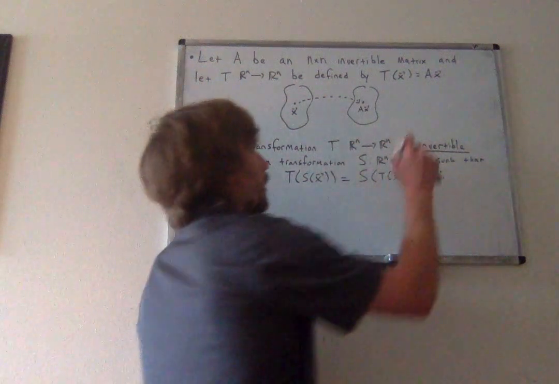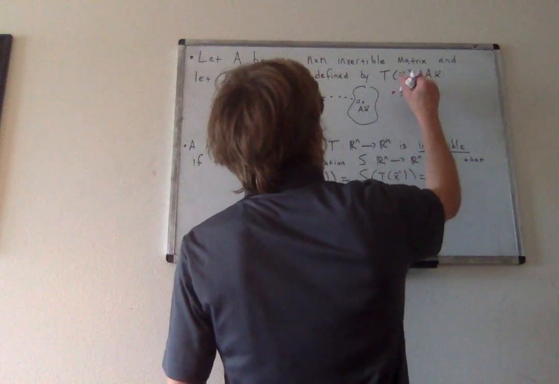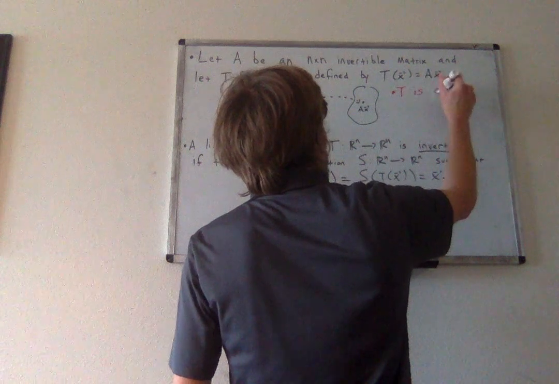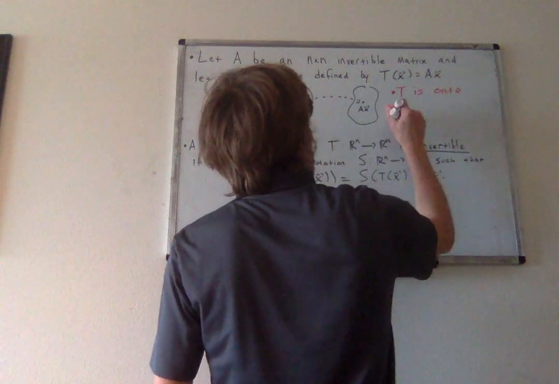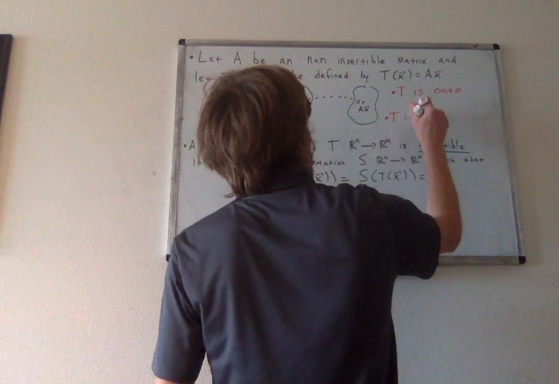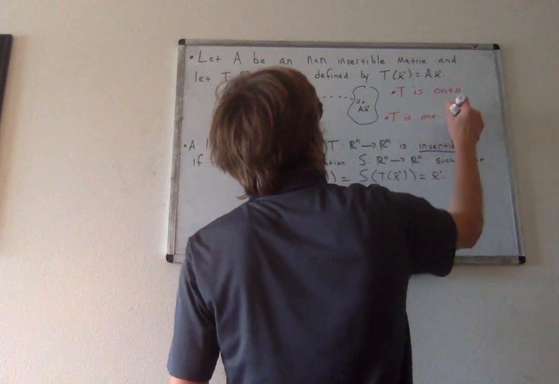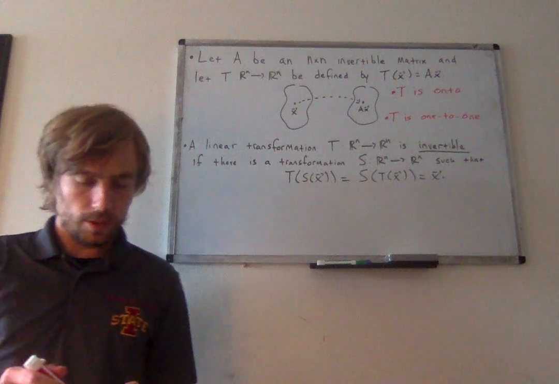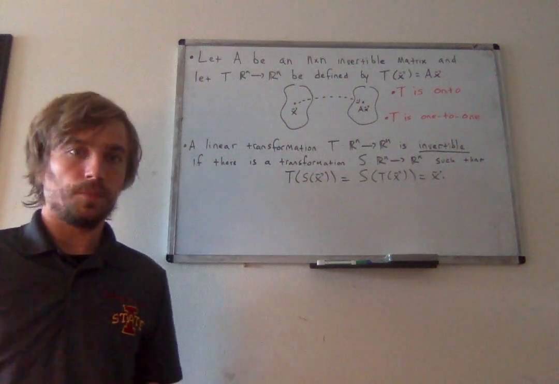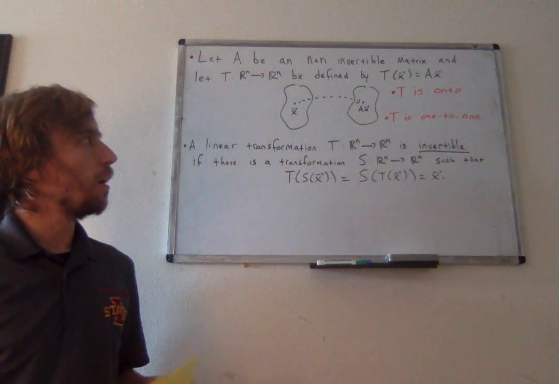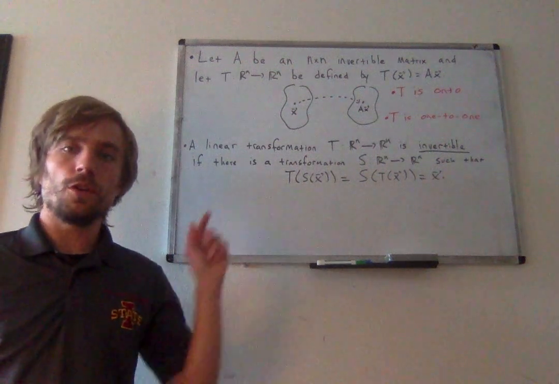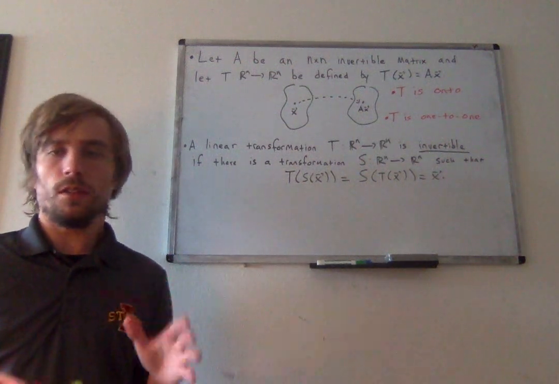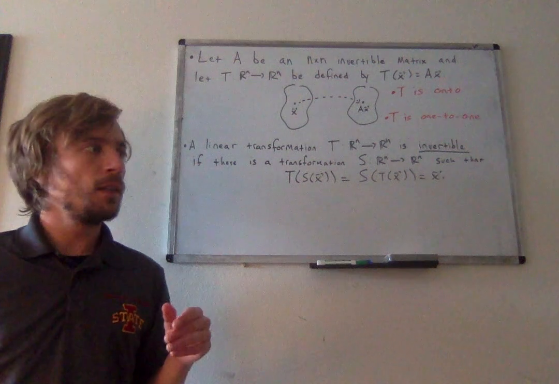Well, we know that T is onto and T is 1 to 1. And that's important for the definition we're about to define, and I'll explain a little bit about that in a second.